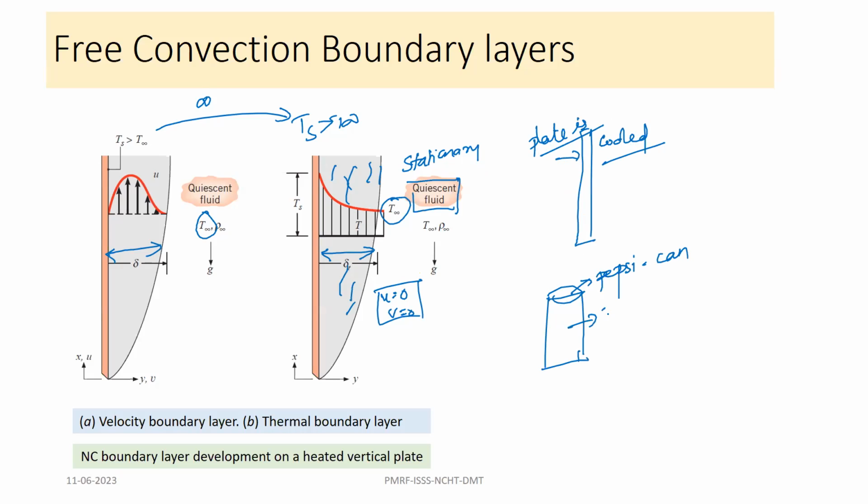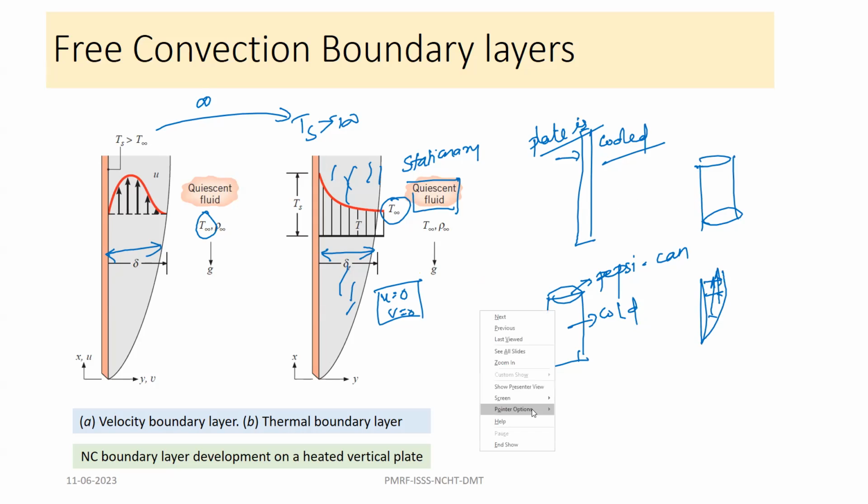If it is a cold Pepsi can, how will the boundary layer form around the surface? If it's a hot plate, like in the last class where we discussed a problem of an iron box, the plate was hot and the boundary layer formation happens like this. So just think about that. That is our analysis.